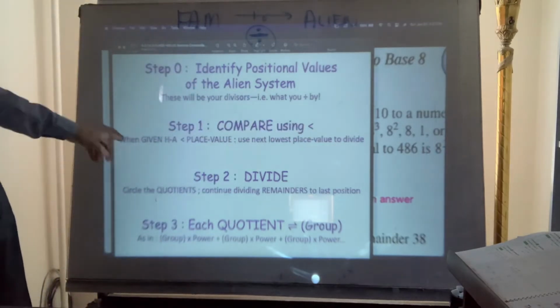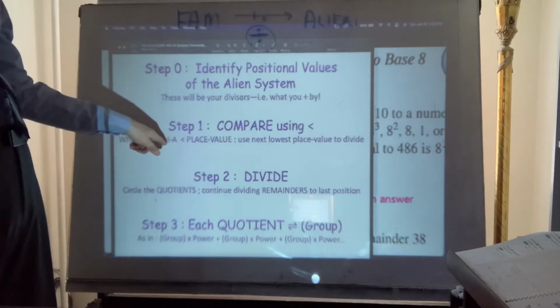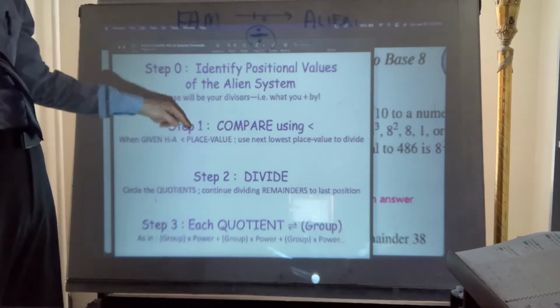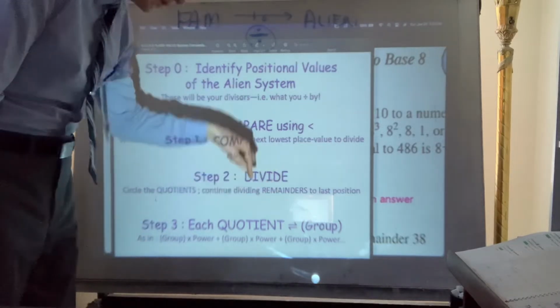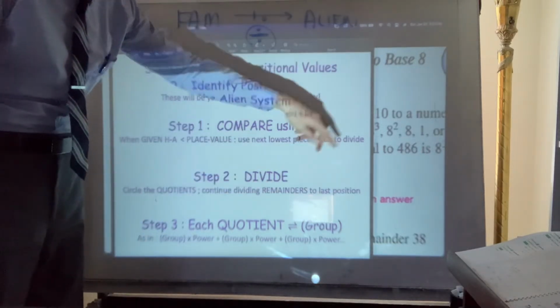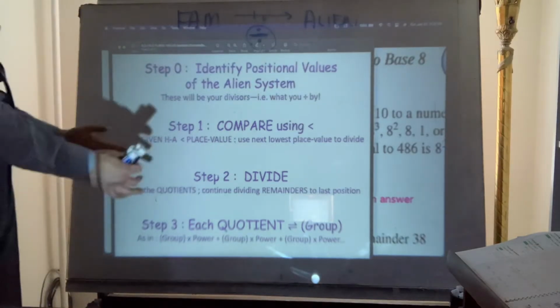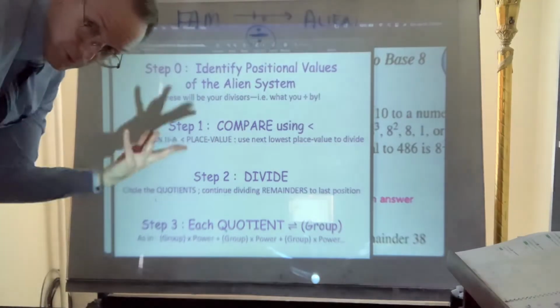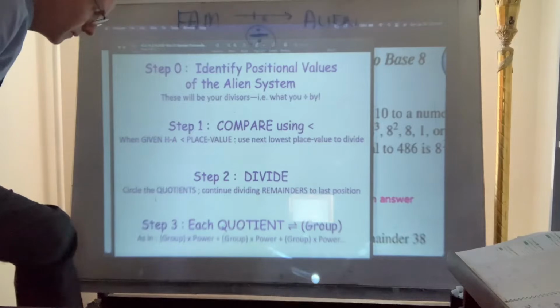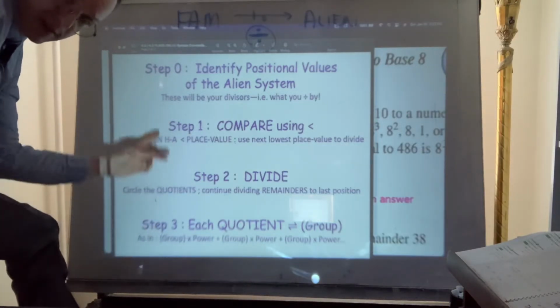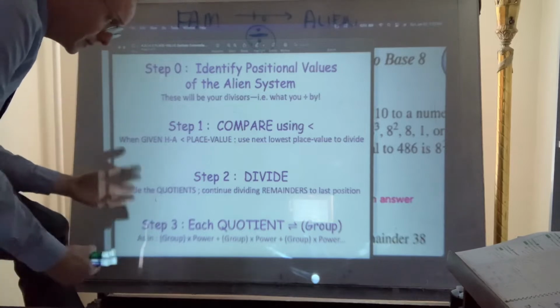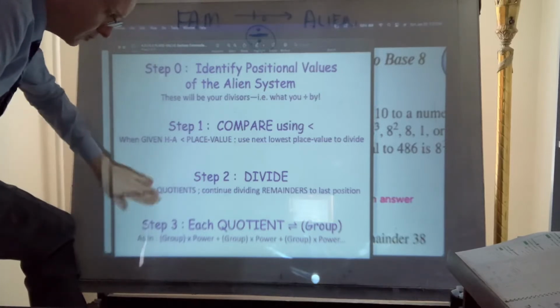When the given Hindu-Arabic number is less than a place value, go to the next lowest place value to divide. That's the most concise way it occurred to me to type it. There's probably a better way, but anyhow, I'm going to walk you through this as I had done with the Babylonian and Mayan system, and eventually you just do things more or less intuitively.